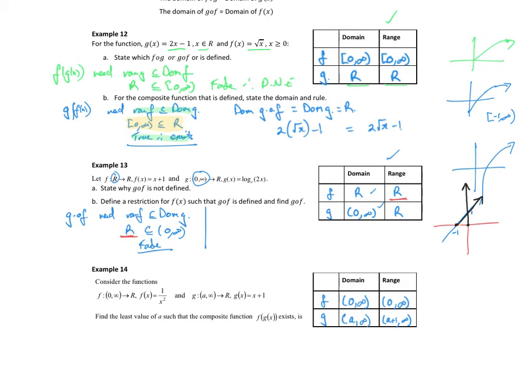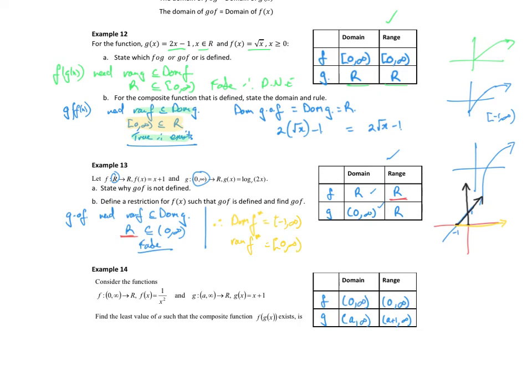So if I restrict the domain to be those values, then if the domain of, we'll call it f star, is equal to -1 to infinity, the range of f star is equal to, now hang on, we just have to make an adjustment here, 0 to infinity, yeah?